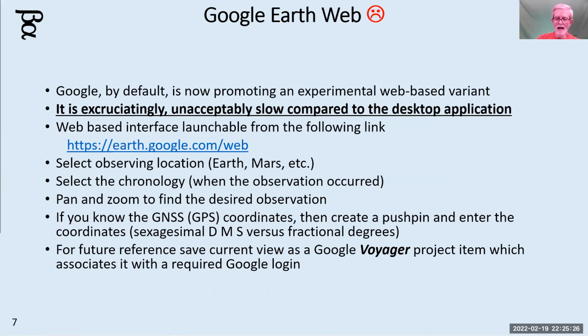Google by default is now promoting their experimental web-based variant. If Google is developing a desktop application, they have an install base. In other words, all the people that downloaded the software and installed it on their computer. That's not the current trend. The current trend is cloud-based things. So they want to push out a web-based Google Earth, Google Web, or Earth Web, or whatever they want to call it. But think of it this way.